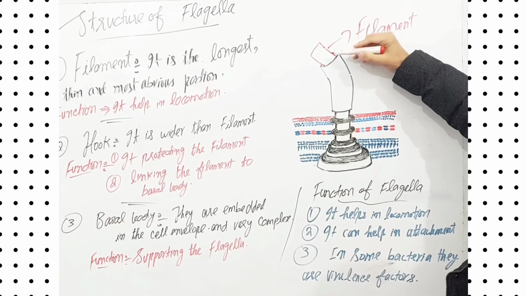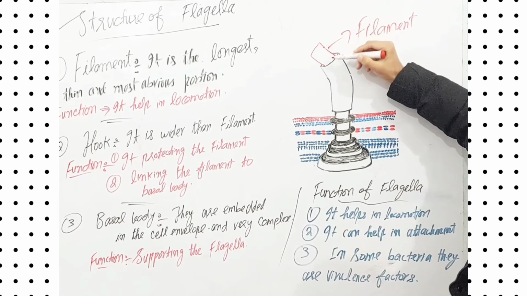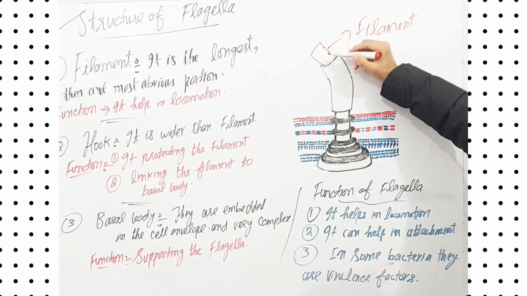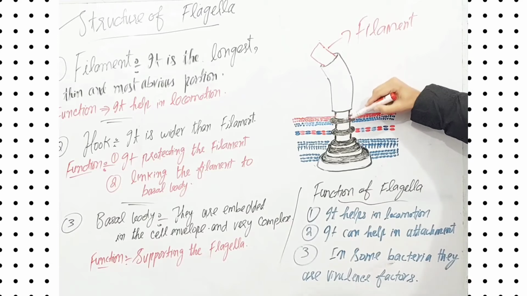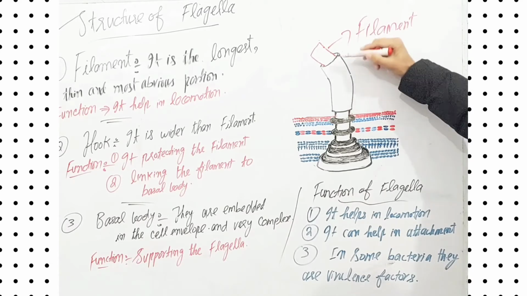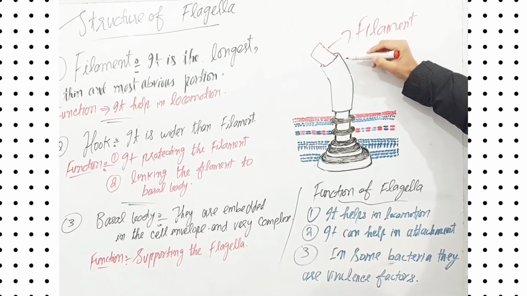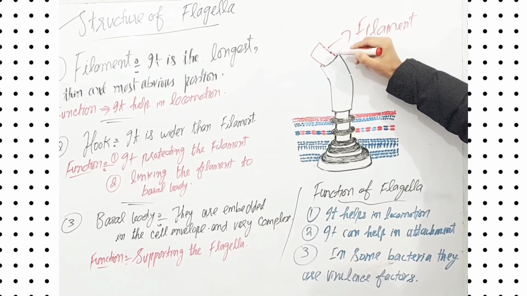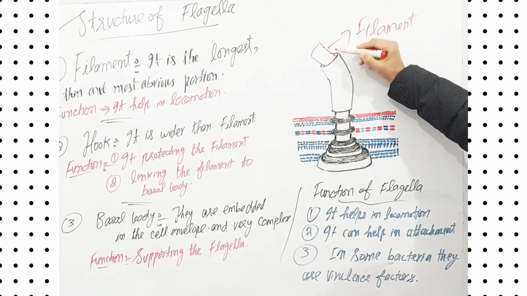So it is the most obvious portion. It goes outside, so it is the most obvious, and it is the longest because it starts from here and goes to the basal body. It is very long, and if you compare this with this structure, it is thin. So this is filament.